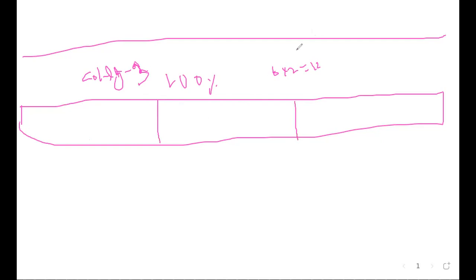If it is a 6, how will you divide? Equally, 50%. So this col-md-6, and this as well col-md-6. So this is how the grid structure will work out. Okay, I hope you are clear on this one.